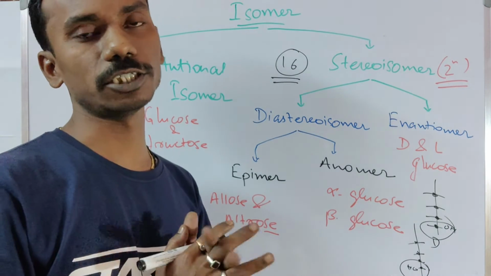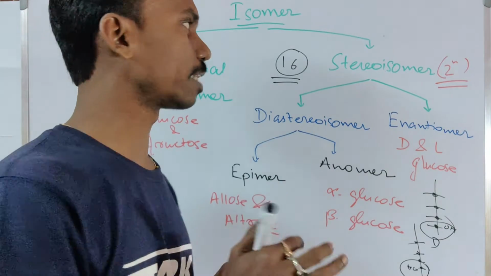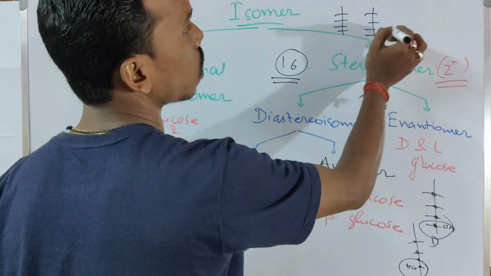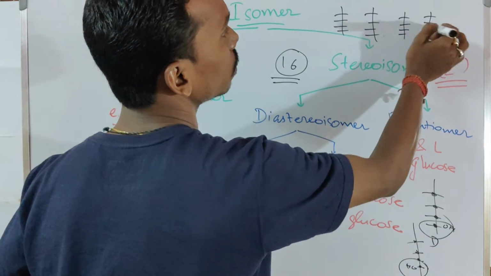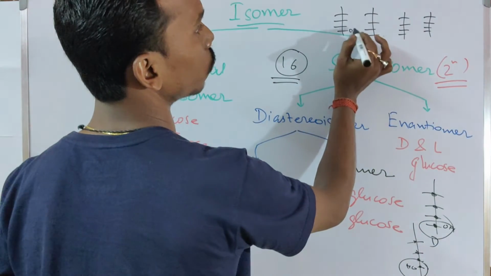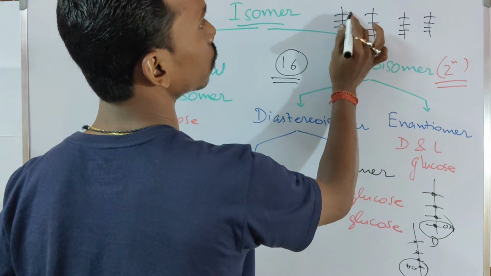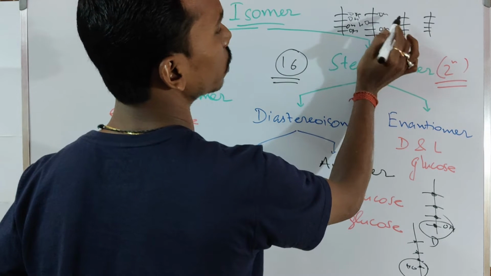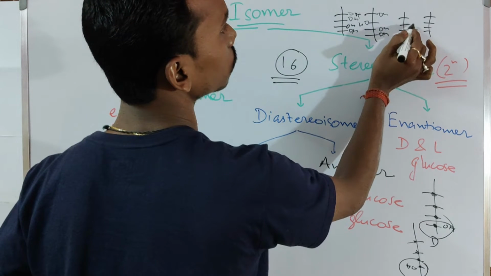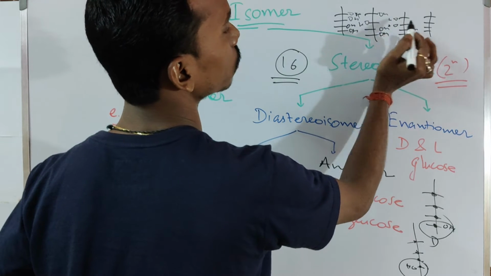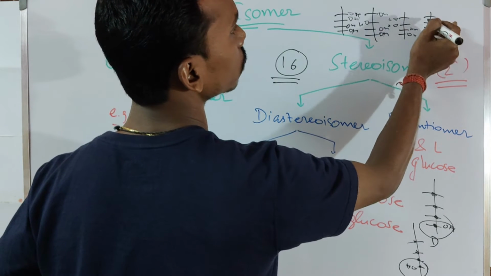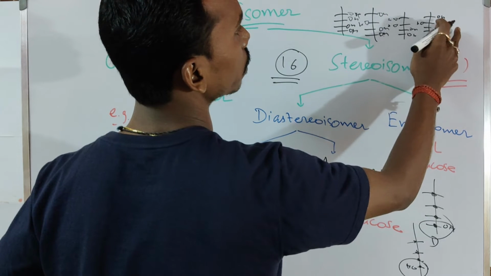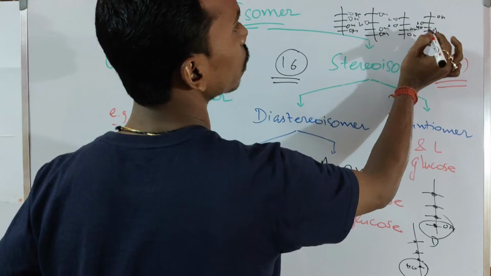Let's take an example: one has OH, OH, OH, OH; another has OH, OH, OH, OH, with an OH going to the left.